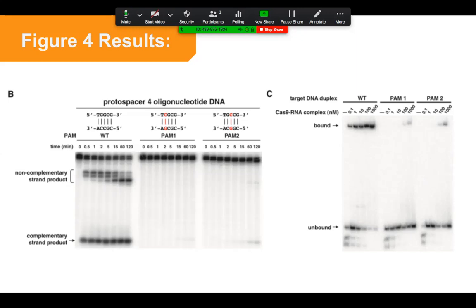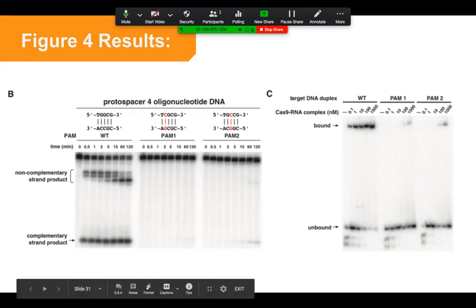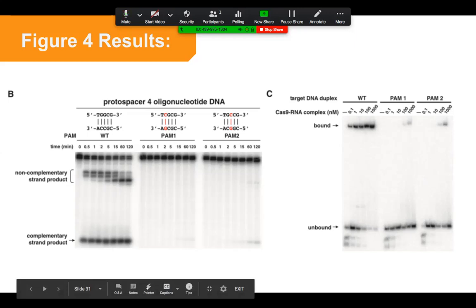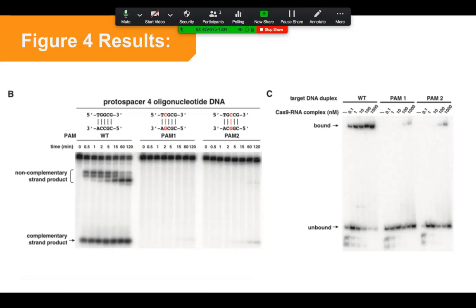So they used gel mobility shift assays, which is what you see here, and is what I talked about in the methods. And you can see that in the unbound right here, it appears in PAM1 and in PAM2, but in the bound there are barely present.